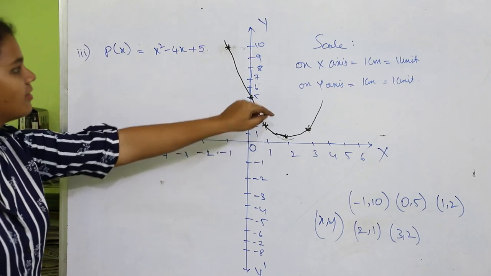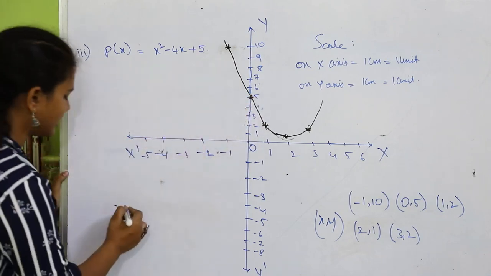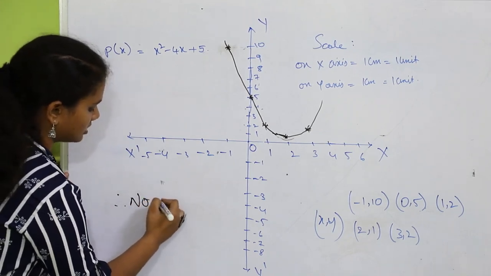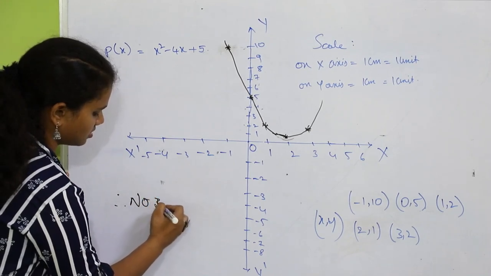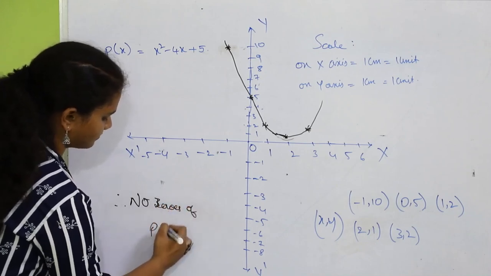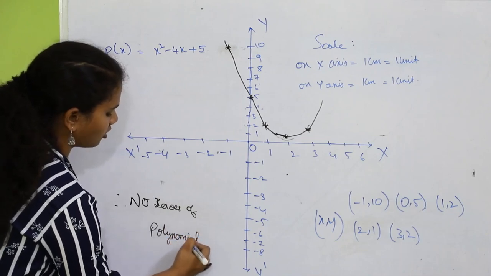Now for this given polynomial, there are no zeros of the polynomial, so therefore I can say there are no zeros. Clear?